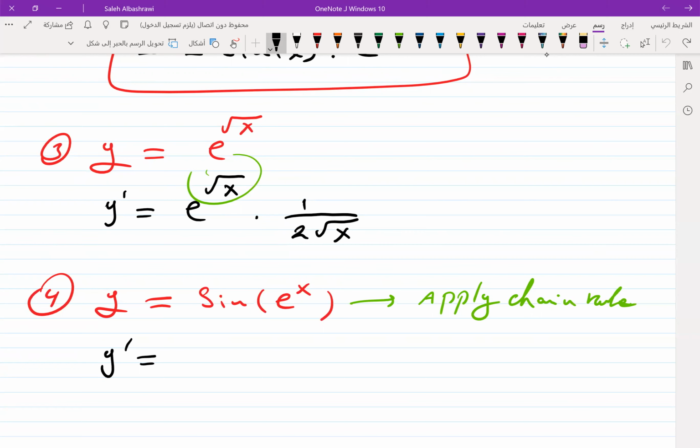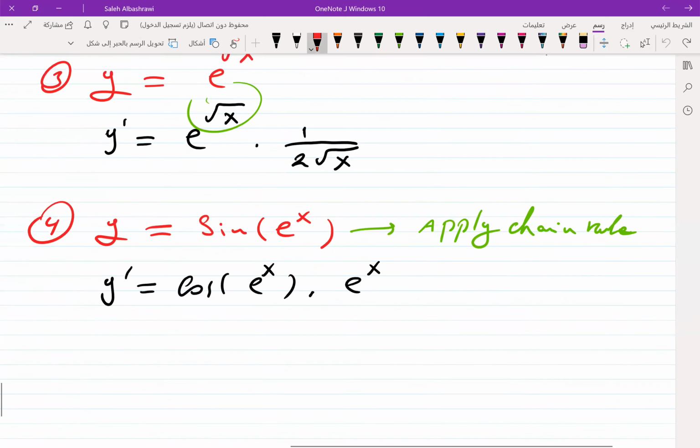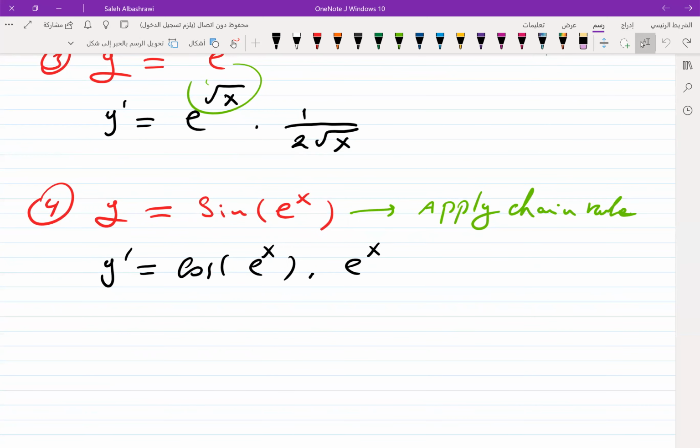But this one will be clear here, because I have a function inside another function, a composition of two functions. So I need to find the derivative of sine, which is cosine of the angle as it is, with no change in the angle in the first step. Then we differentiate the exponential function, which is e to the power x. This is by the chain rule. I have two functions, so I must have two derivatives. So it is cosine of e to the power x multiplied by e to the power x.